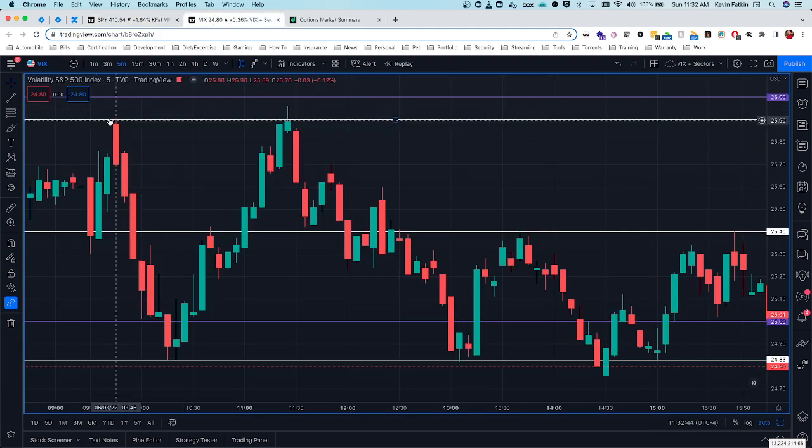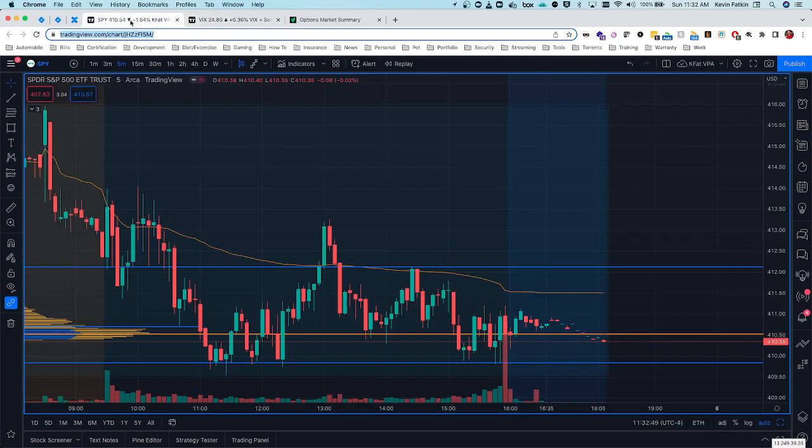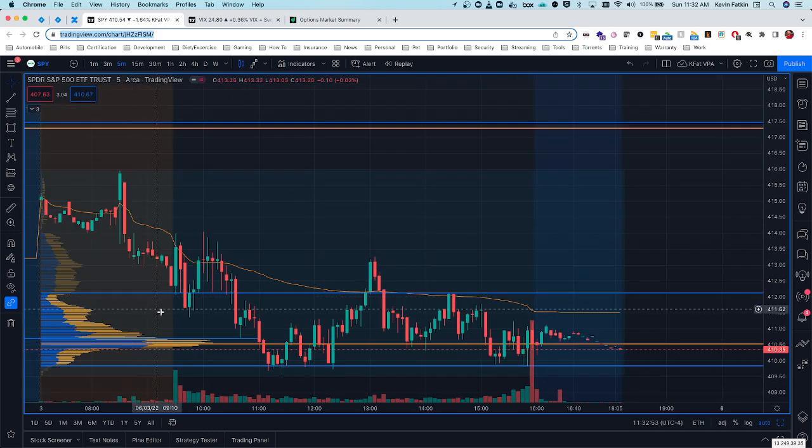And again, for me to take that play, that would mean VIX is hitting resistance at the same time that SPY is hitting what we would call support. I don't want to get into all this stuff with high volume nodes, low volume nodes, but you could see we're failing to enter this high volume area, which was also a level on SPY, and we start to move up on this candle.